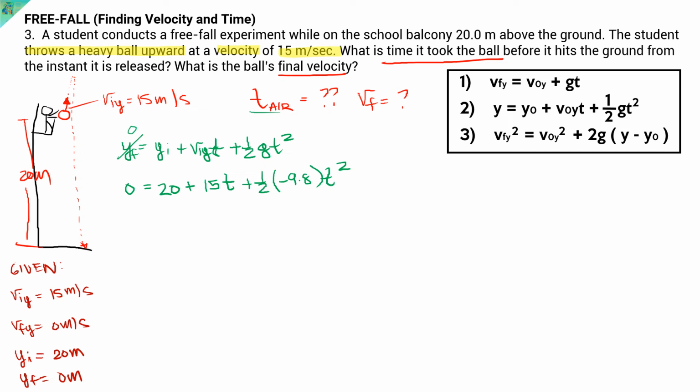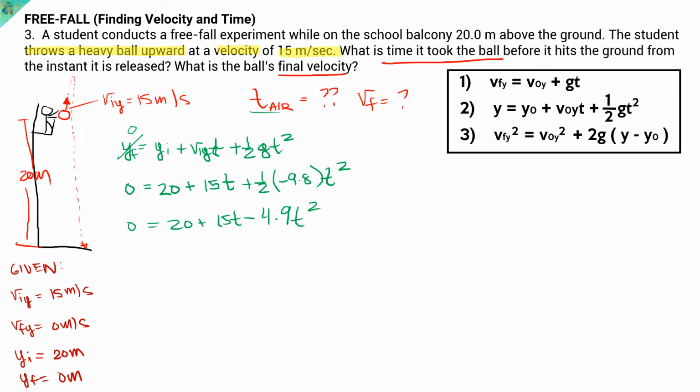Okay, so from here, let me just multiply this one. So we're going to have 0 is equal to 20 plus 15t minus 4.9 t squared.